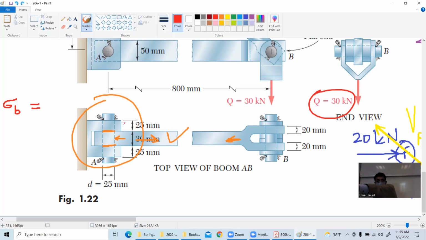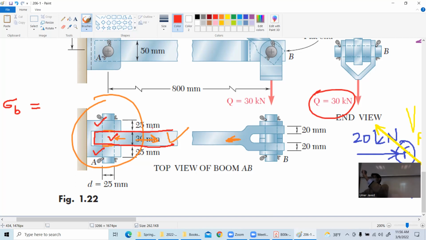Wait, the story doesn't end here. The pin meets with the bracket. Is that it? No. The pin meets with the member, right? Are you following me? The pin meets with the member and the pin also meets with the two legs of the bracket.